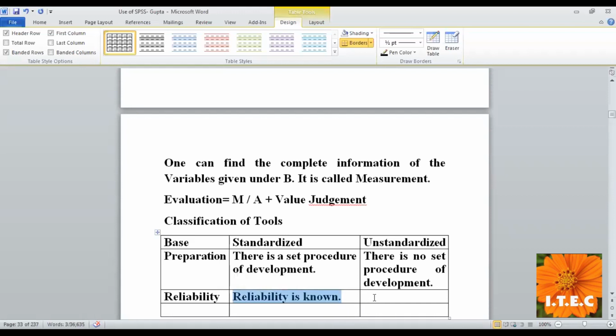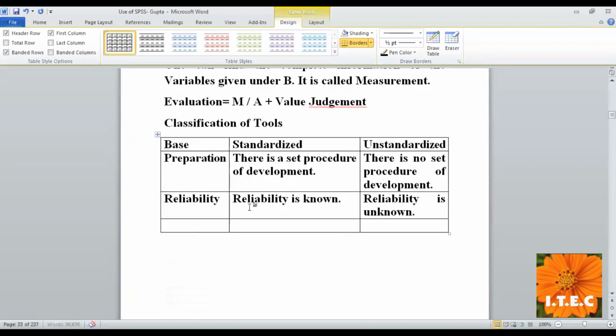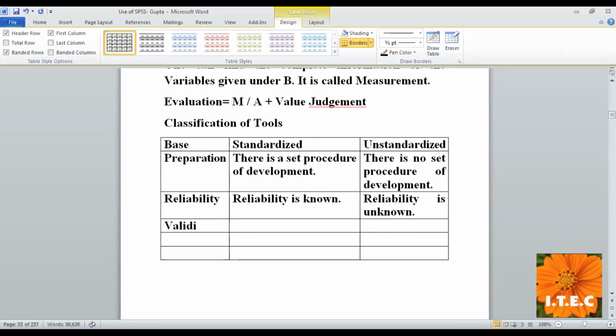In unstandardized one, reliability is unknown. Then another is validity. So validity is known.